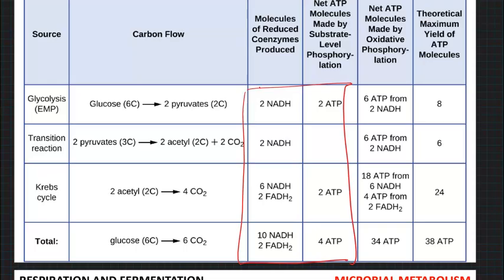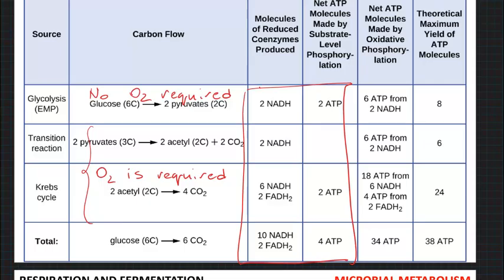Now, for glycolysis, as we mentioned, it's worth mentioning again, no oxygen is required for these two steps. In order for the rest to run, oxygen is required. You're not going to run without oxygen, and we're going to figure out why. But for now, does that make sense?